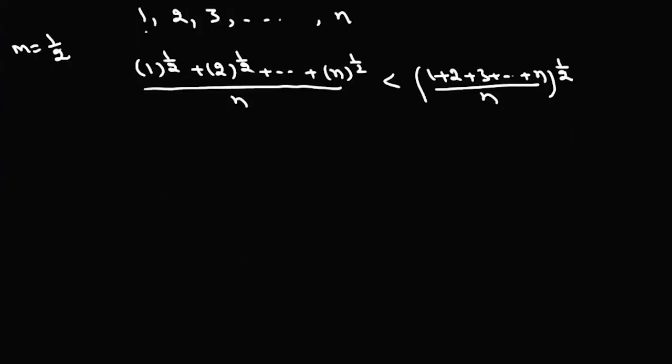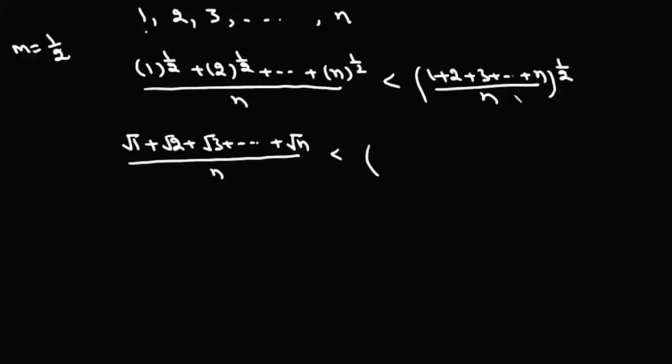Now we can write this as under root 1 plus under root 2 plus under root 3 up to under root n divided by n, and it will be less than, this is sum of first n natural numbers, so it will be n plus 1 upon 2, and here we have this n to the power 1 by 2.